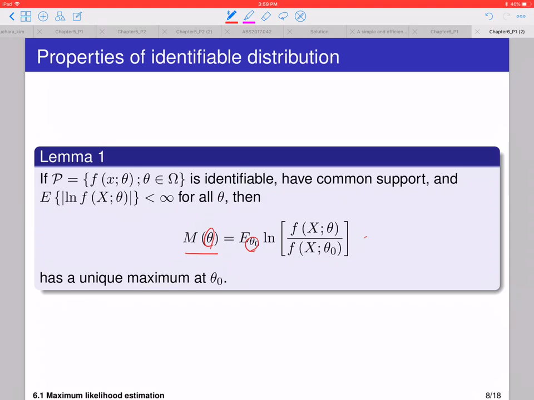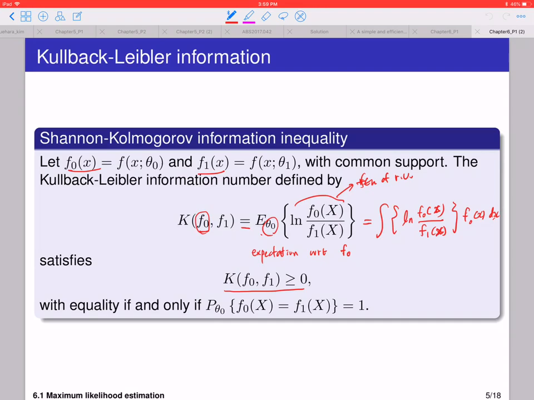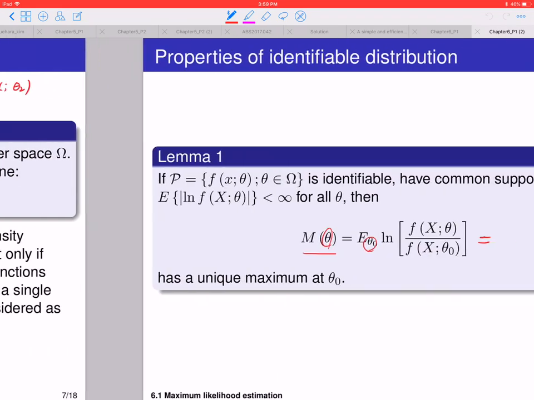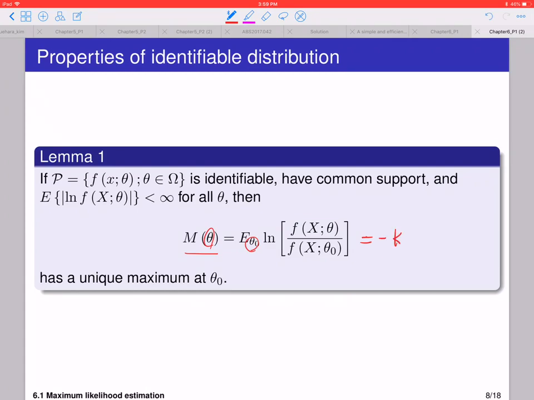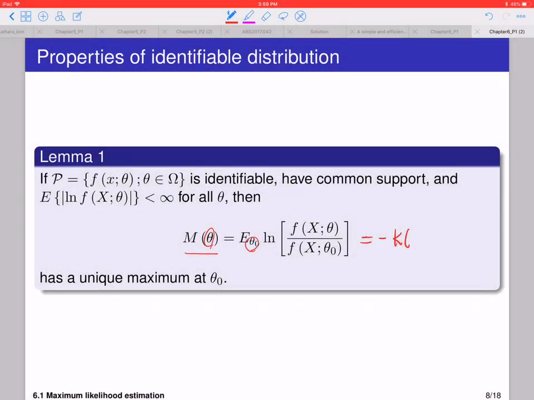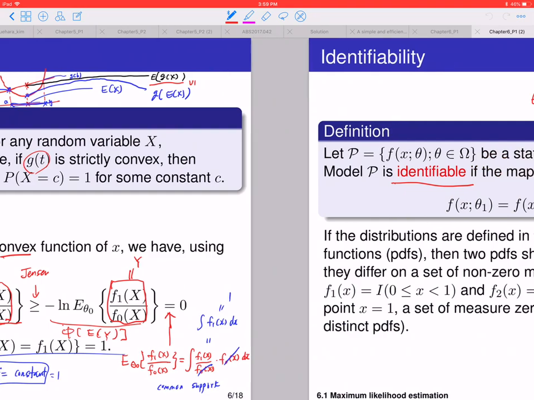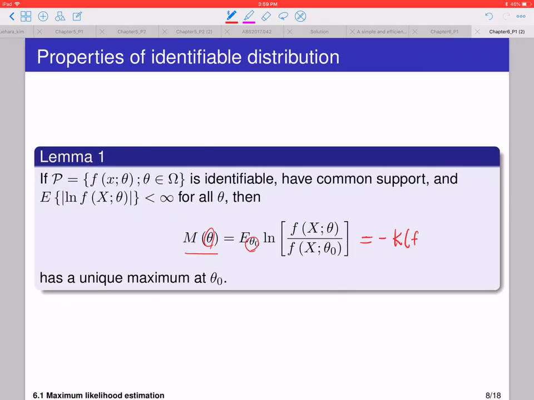By the way, if you compare this with the Kullback-Leibler function, this is nothing but minus K of f zeta null and f zeta.